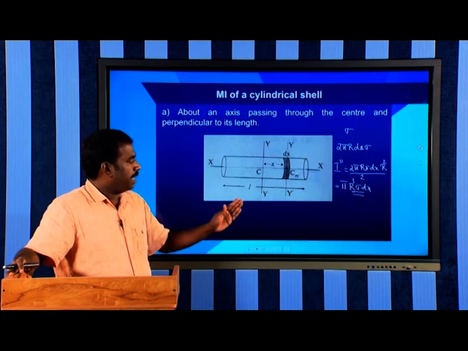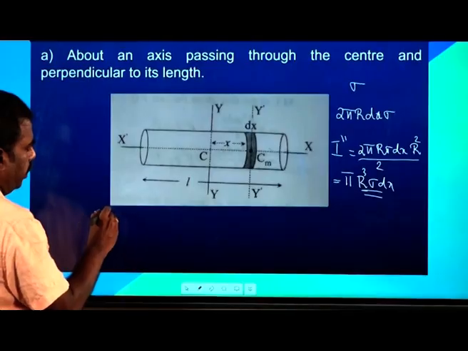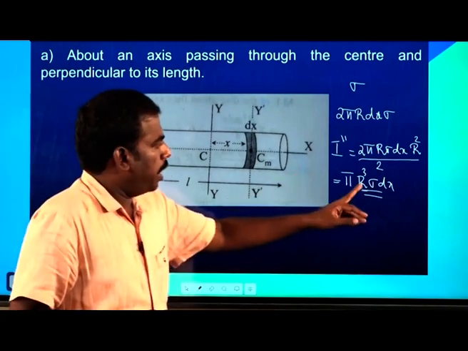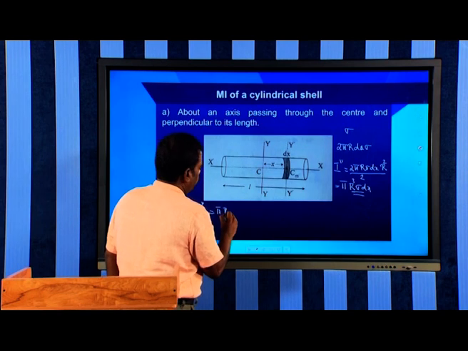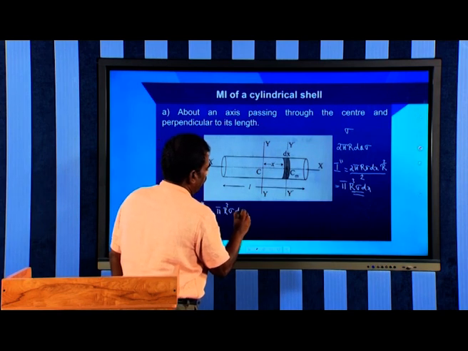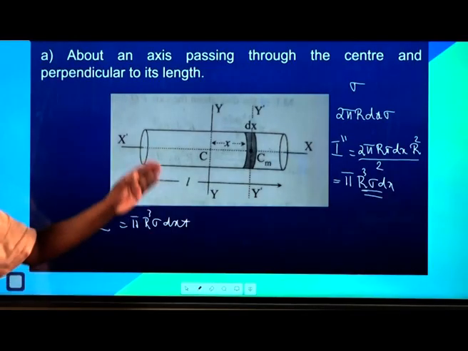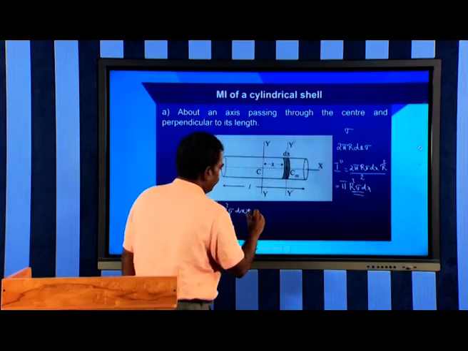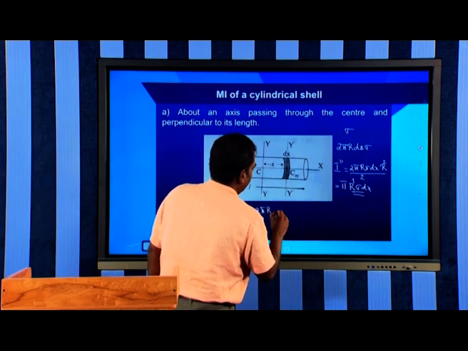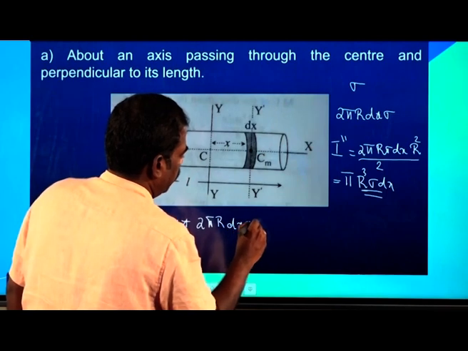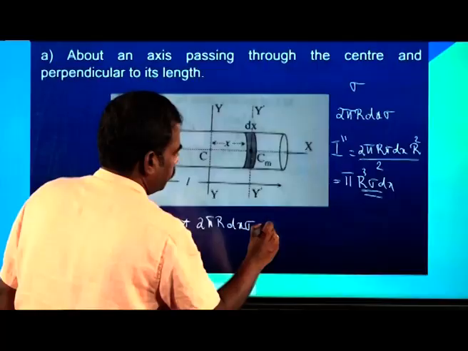Then by using the parallel axis theorem, you can find out the moment of inertia of the ring about y, which is pi r cube sigma dx plus pi r cube sigma dx plus mass, which is 2 pi r dx sigma, into the distance x, so x square.